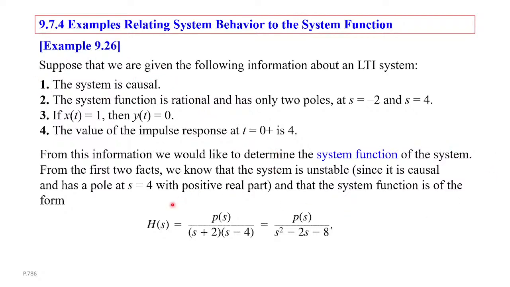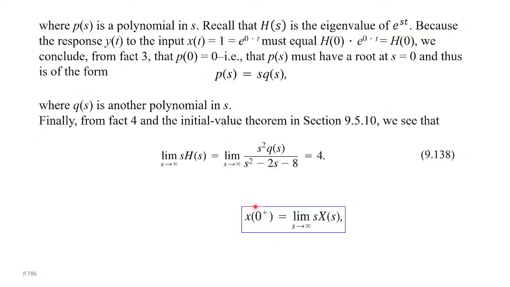Causal means that we need to pick the rightmost-sided ROC, and there are two poles here, one at -2 and one at 4. So we are going to pick the ROC to the right side of 4. So we determine the ROC from the first condition, and then we need to use the other two conditions to determine this P of s.